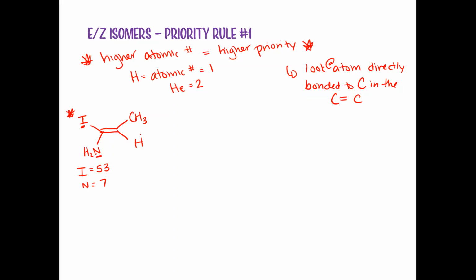If we look on the other side, we have carbon and hydrogen, which is 1. Carbon is 6. Carbon is higher than hydrogen, so this is our higher priority. The higher priorities are on the same side of the plane.